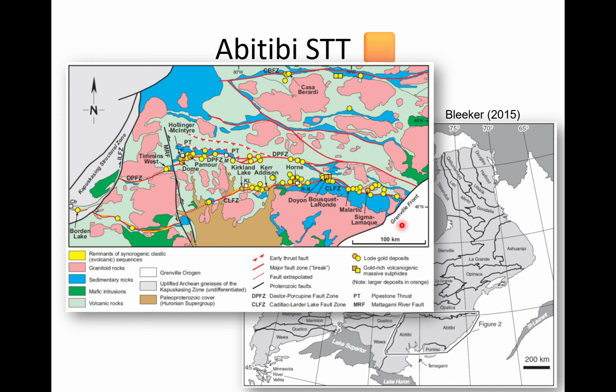Gold deposits are typically orogenic, forming in quartz carbonate vein systems within shear zones, often near contacts of different rock types. Two notable structural corridors are Destor Porcupine Fault Zone and also Larder Lake Cadillac Fault Zone, each associated with multiple major mines.